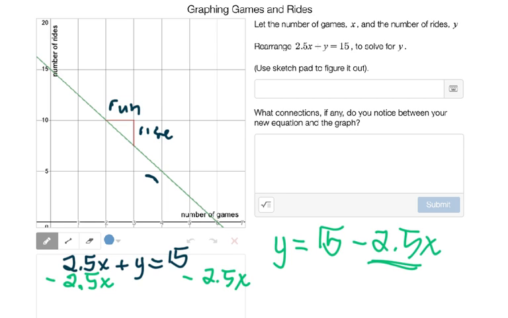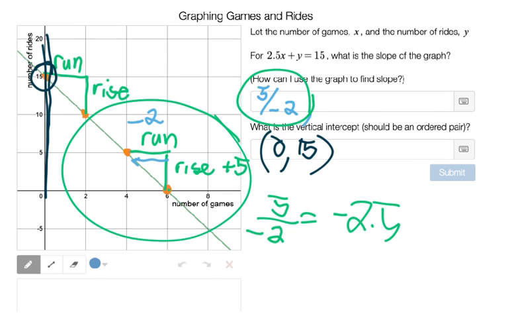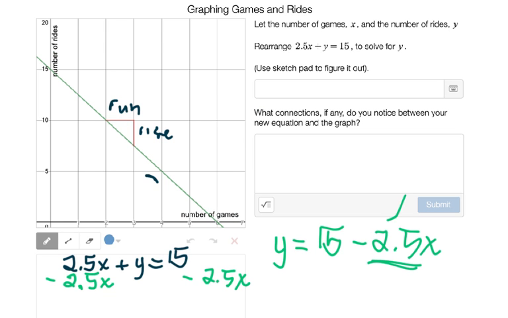Now I remembered from the previous one that this number in front of the x had something to do with the slope. So I'm going to go back here, and wait a minute. She wrote 5 over negative 2. Look what happens if I divide 5 by negative 2. I get negative 2.5. Oh my goodness, same exact thing. So I'm going to rewrite my equation as 15 minus 2.5x. What connections did I notice?